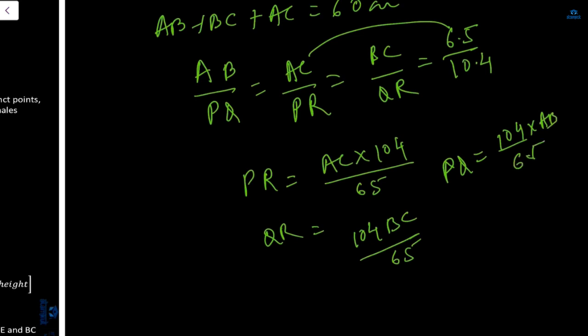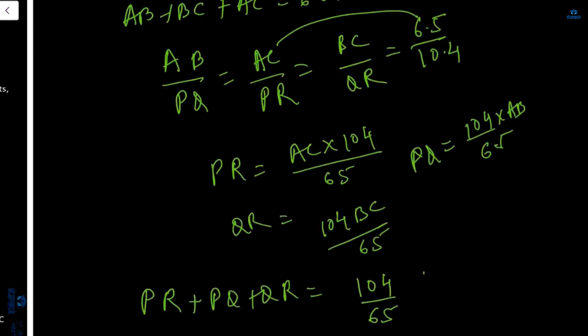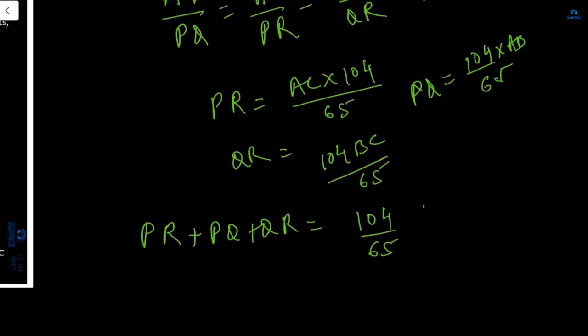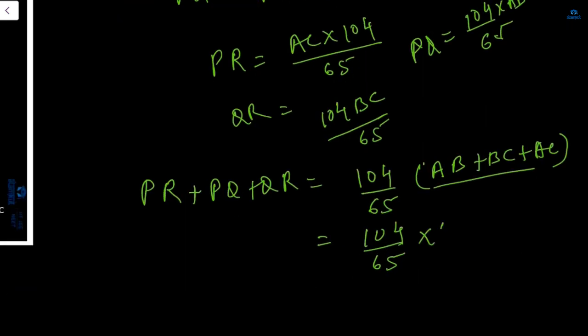So PR plus PQ plus QR will be equal to 104 upon 65 times AB plus BC plus AC, taking the common factor out. This value is already given in the starting, that is 60. So you multiply 60 here, and when you solve this, you'll get the answer.